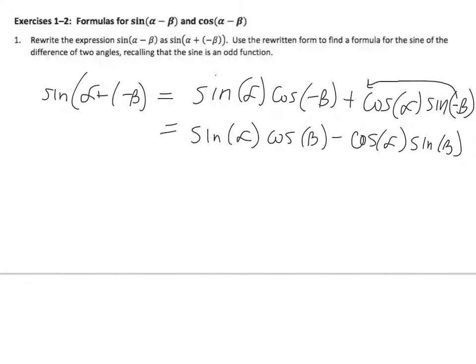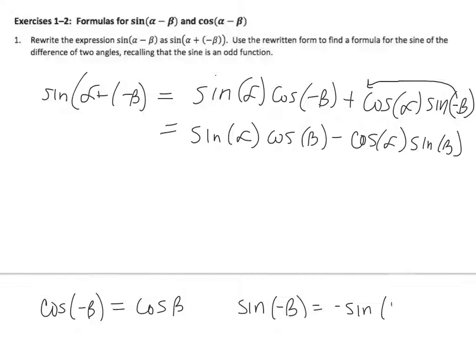Okay, you can check, when we have cosine of a negative value, we have cosine of the positive, but sine of a negative is negative sine of the positive, right? So we have our equation.